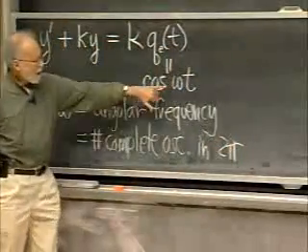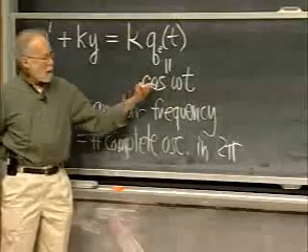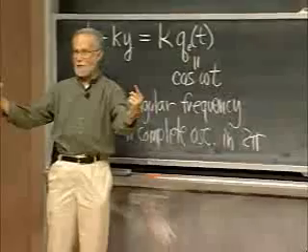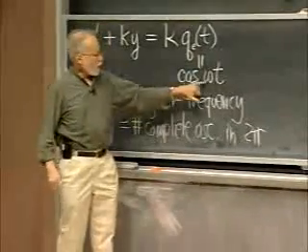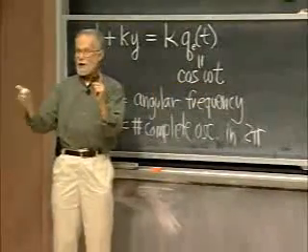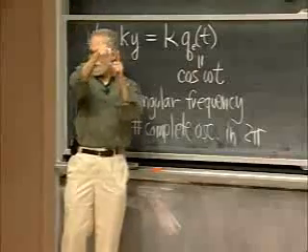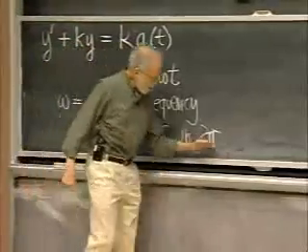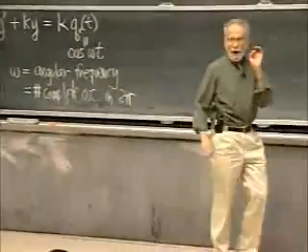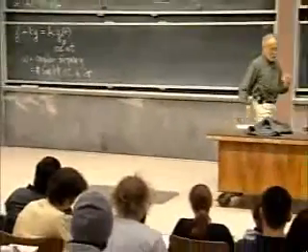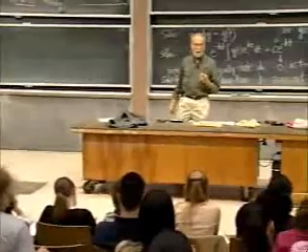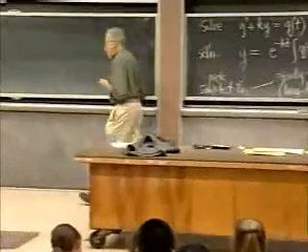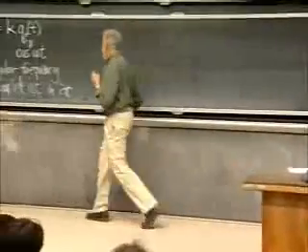Because, for example, if omega is 1, cosine t takes 2 pi to repeat itself, right? If omega were 2, it would make 2 complete oscillations in the interval 2 pi. So it's what happens in the interval 2 pi, not what happens in the time interval 1, which is the natural meaning of the word frequency. There's always this factor of 2 pi that floats around to make all your formulas and solutions incorrect.